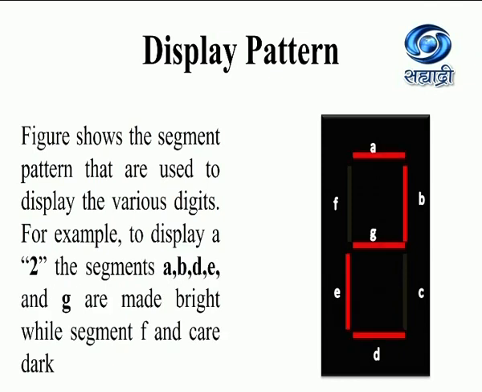I have given example number 3, that is if you want to display number 2 on the 7-segment display, then A, B, D, E and G segments are bright and F and C segments are dark. In this way we can display 0 to 9 numbers on this 7-segment display, and we can display alphanumericals also, that is from A to F.